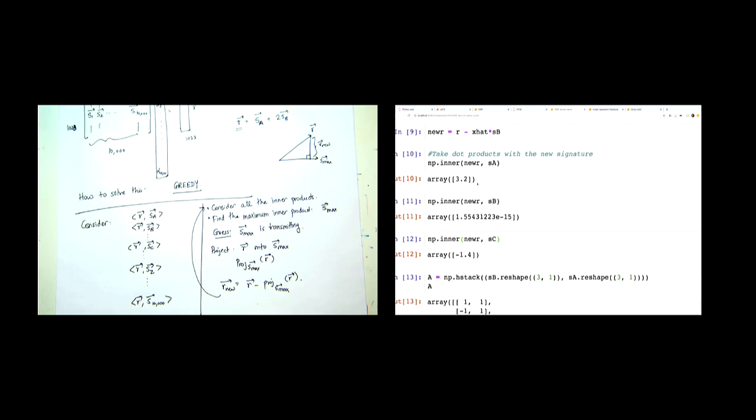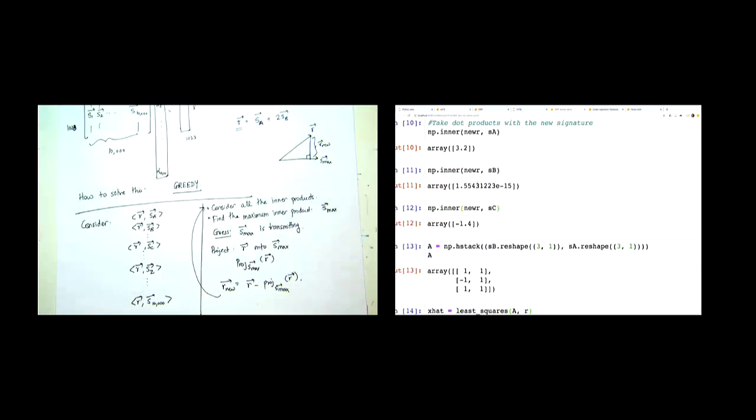So now I know that both SA and SB are speaking, right? So now, if I have a direction SA that I can move in, and I have a direction SB that I can move in, what is the total space that I can move in if I have two vectors? It's the span of these vectors, right? Or if I put these two vectors as the columns of a matrix, it's the column space.